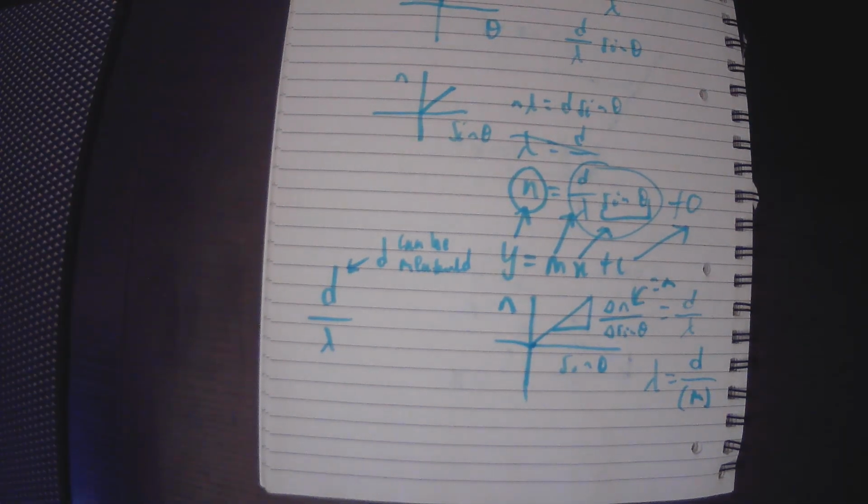This allows us, using linearization of graphs, to determine a mean experimental value for lambda or any other physics constant which we may be trying to determine.